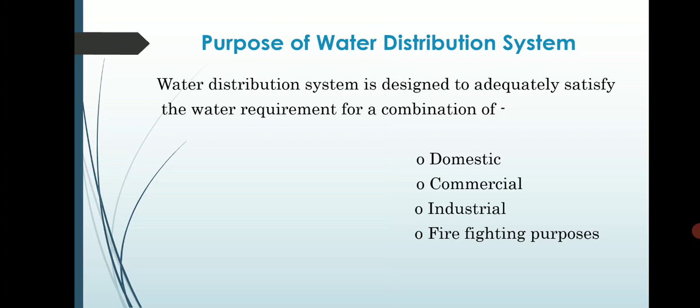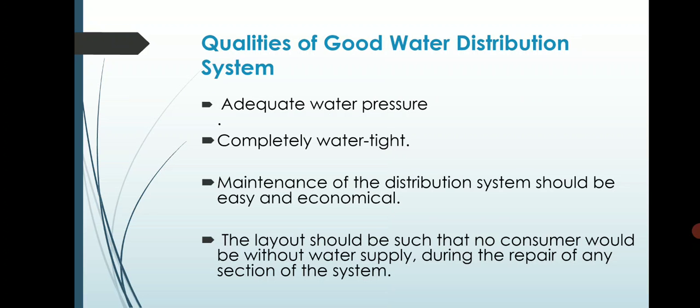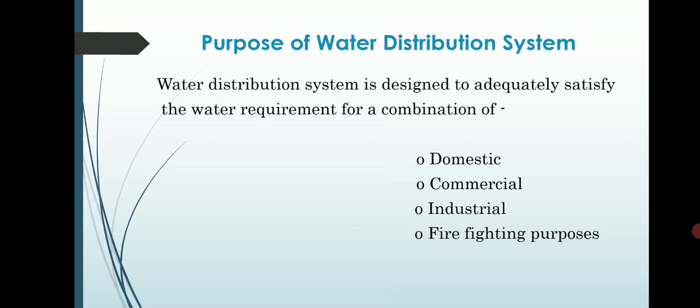When any fire breaks out in any area, to remove that fire we need water. So this is the firefighting purpose. A water distribution system is needed basically to satisfy all four needs.